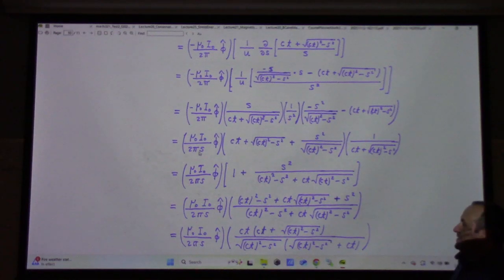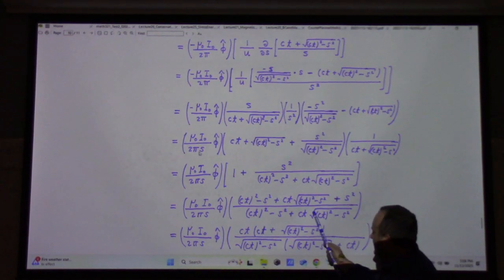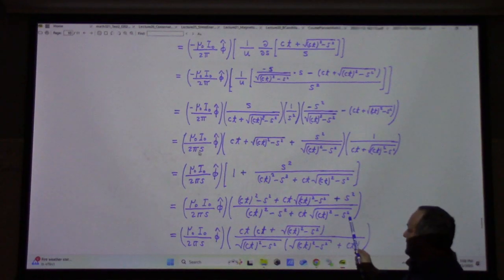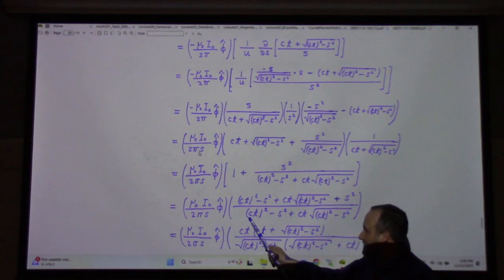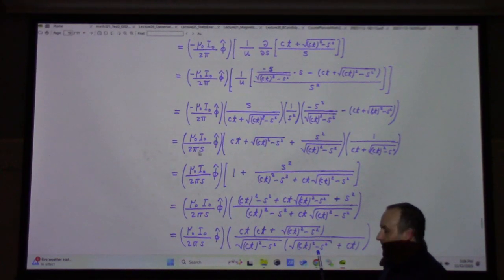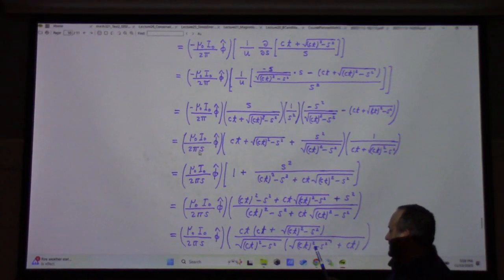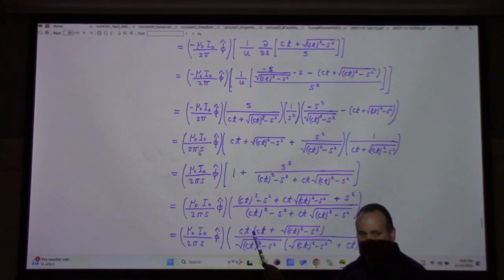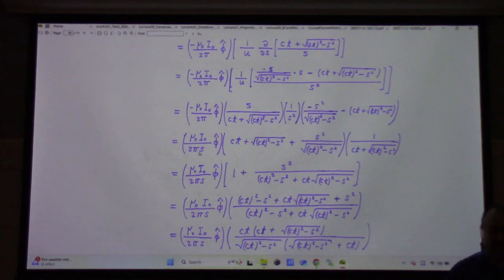At this point, I realized, oh, I can factor a square root of this from here. See, there's ct worth of it over here, and there is a square root of it over here. And then, look at that. This and that cancel, which is the same cancellation we saw in the electric field calculation, but it's a little bit easier to see there, which just left us with the formula I wrote down.